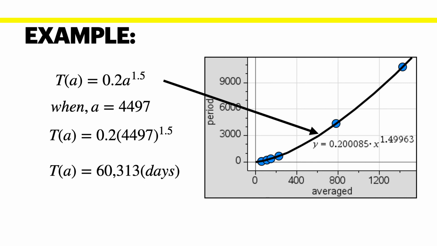And you're going to end up with T of A is equal to 60,313 days. So we estimate that the period in which Neptune revolves around the sun is about 60,000 days.